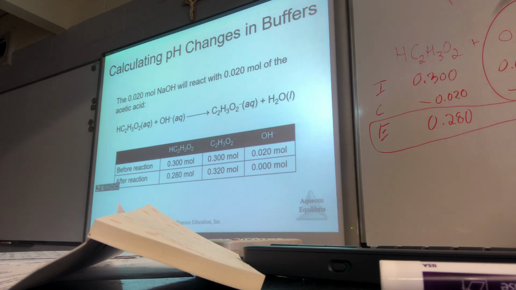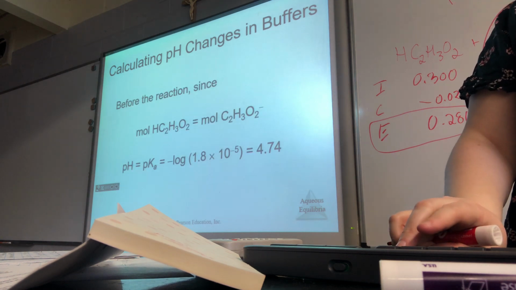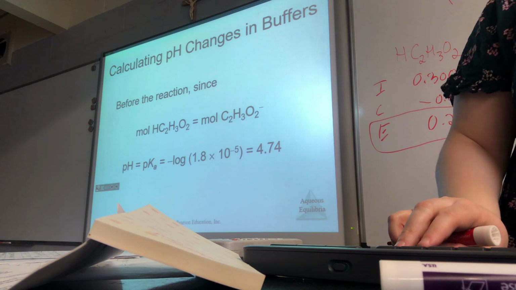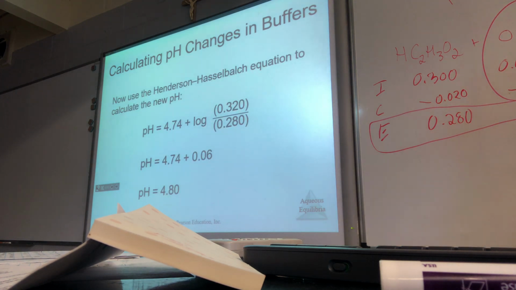It was equal to the pH. So our pKa was given to be 4.74. So the next thing we're going to do is plug what we know in. Our base concentration is the bigger of the two. It's the one on the left or the right.